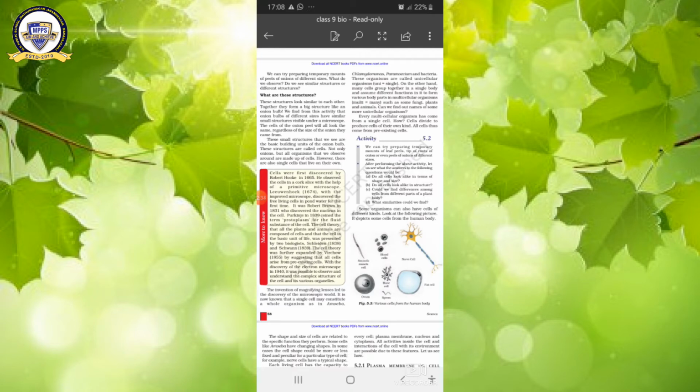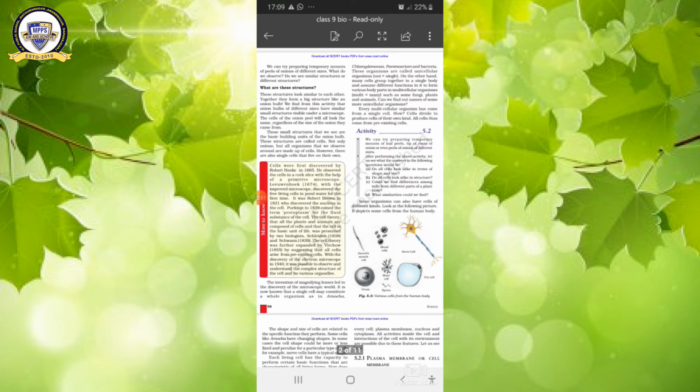Some organisms can also have cells of different kinds. Look at the following picture. It depicts some cells from the human body. Likewise, smooth muscle cells, blood cells, nerve cells, fat cells, bone cells, sperm and ovum.